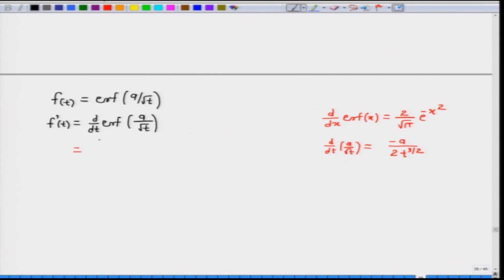So, if we now evaluate d by dt of error function a by root t, that should be minus a by 2 t to power 3 by 2 times, now the derivative of error function, which should be 2 over root pi times exponential minus a square by t.